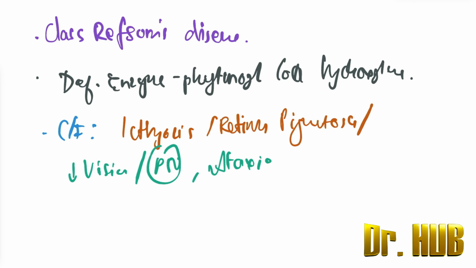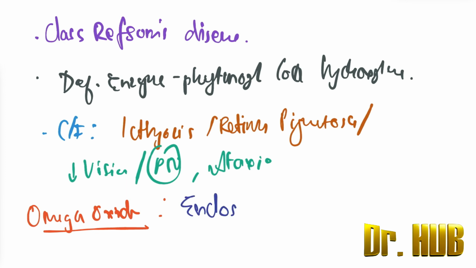Next, we move on to the other type of oxidation, that is the omega oxidation. In terms of the omega oxidation, what is the organelle involved? It is the endoplasmic reticulum.